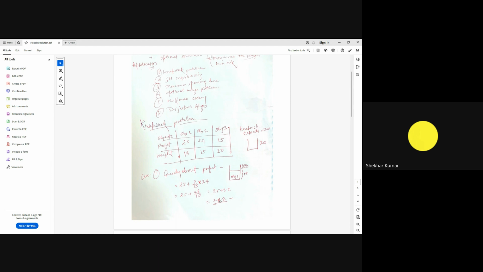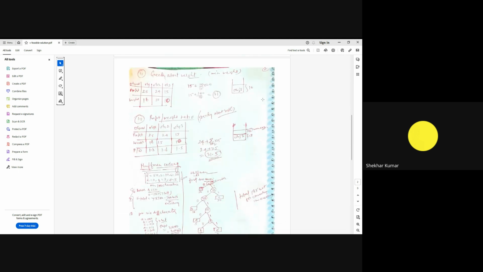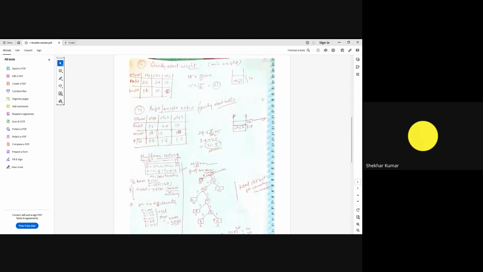Now we will check the second case. In the second case, we are greedy about weight. If we are greedy about the weight, we want there to be minimum weight in the knapsack.